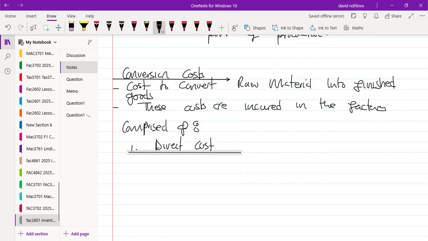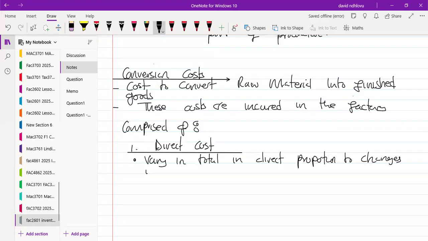When we talk about direct costs, these vary in total in direct proportion to changes in output, meaning to say these are variable costs.